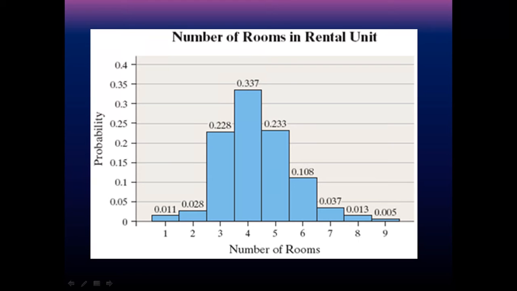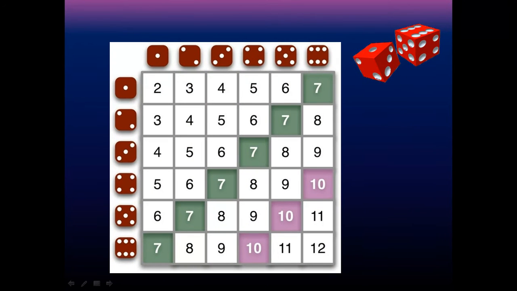The probability of finding a 5-room unit is 23.3%, etc. And you also understand that all the probabilities will add up to 1. Okay, so this is a probability histogram. Now I want to elaborate on this probability histogram.